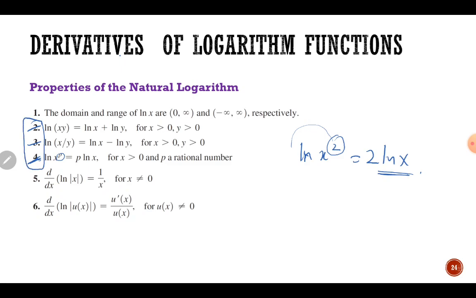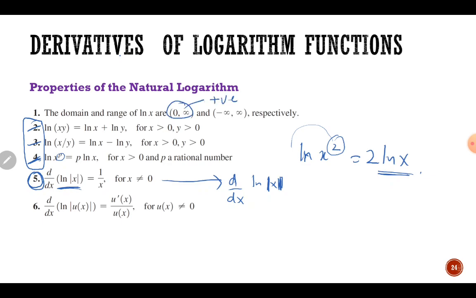Okay, and we come to number 5, which is very important as well, where we have d dx of ln x. Ni formula yang paling penting untuk hari ni. When we differentiate a log function or natural log function, ln x, kenapa kita letak modulus kat sini? Untuk pastikan the value of x ni sentiasa positif.